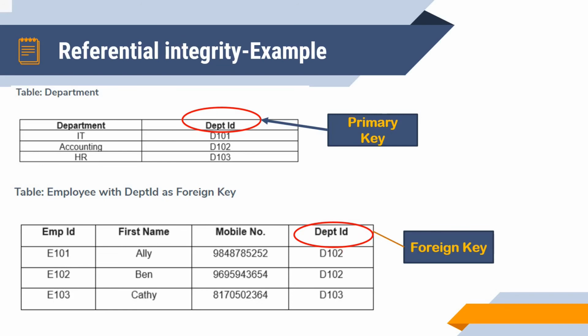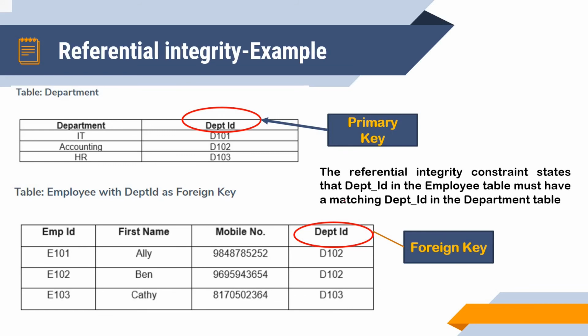The referential integrity constraint now states that the department ID in this employee table must have a matching department ID value in the department table. That means only those values which are there in the department table will be allowed, like D101, D102 and D103. Only three department IDs are specified in the department table. So whenever you are using this department ID in the employee table as a foreign key, only D101, D102 and D103 are allowed.